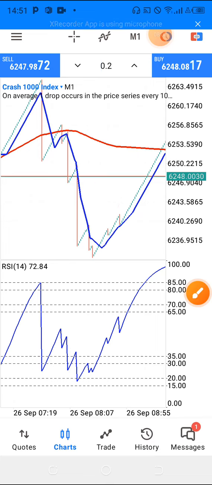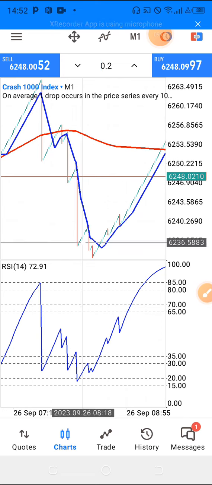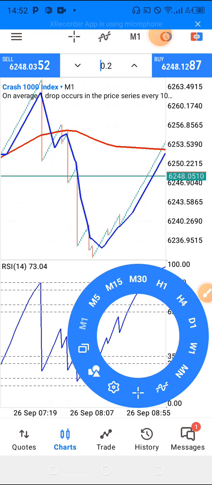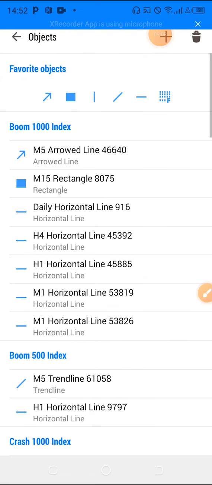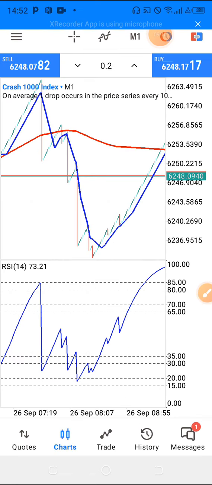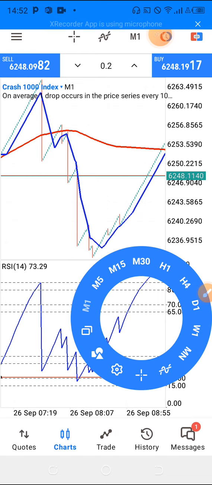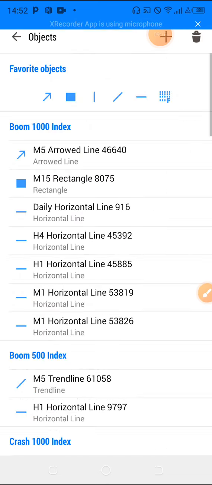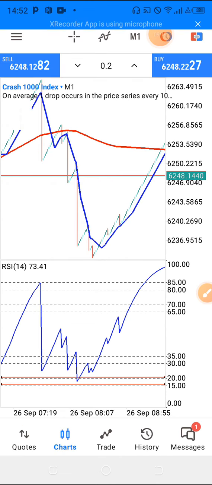For example, if you see here, first we check: did price reach the level? The levels that we make use of when price is below the 50 are the extreme ones, level 20 and level 15. Those are the two levels that we'll be making use of.